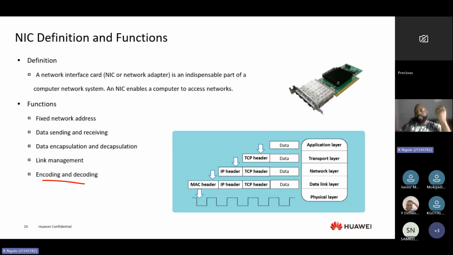The network adapter allows the computer or the server to connect to a network. It can help to connect to your Wi-Fi or to any external network, so it really acts like a bridge between the computer and the network. When you have your Wi-Fi at home and you connect your computer to it, the chip on your computer that connects the computer to the network is what we call the NIC.